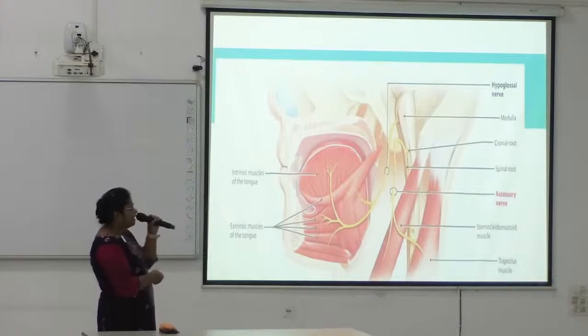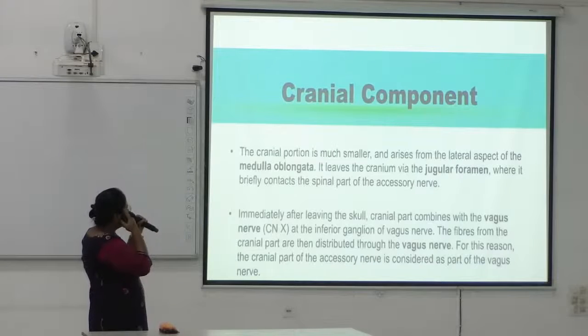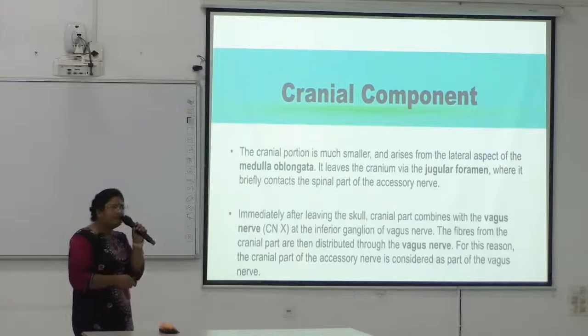The cranial root is much smaller and arises from the lateral aspect of the medulla oblongata, and it leaves the cranium via the jugular foramen, where it briefly contacts the accessory nerve.